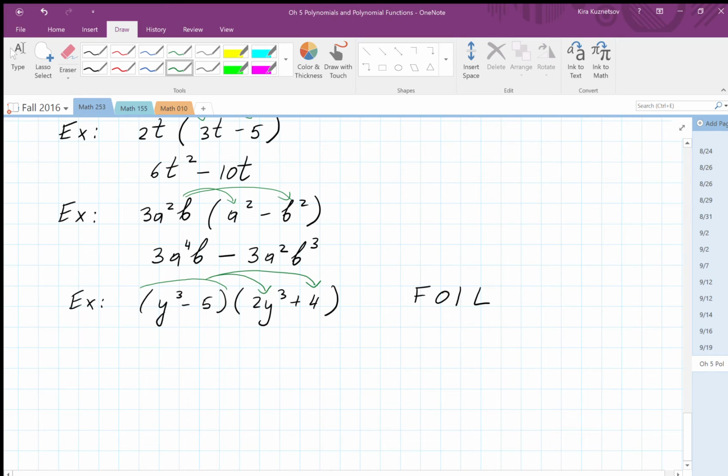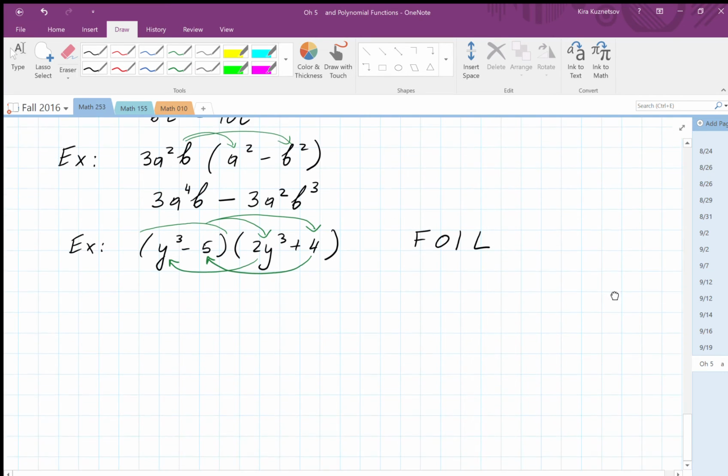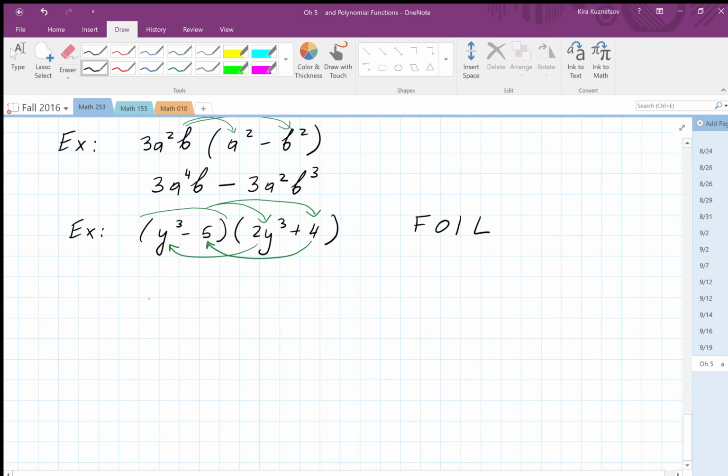And because this is a binomial and you're multiplying by one thing, you want to make sure that this is multiplied here and it's multiplied here. So this is the process. You take the first term, let me rewrite it following the letters of FOIL.